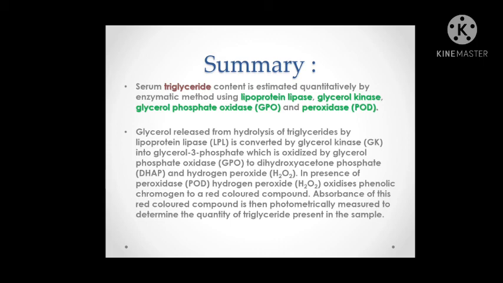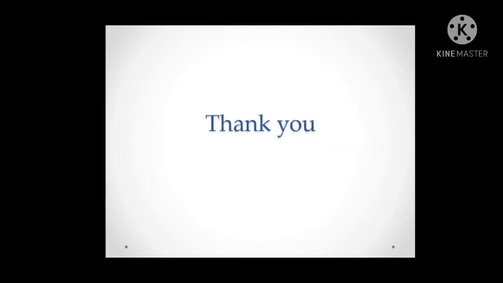Glycerol released from hydrolysis of triglycerides by lipoprotein lipase is converted by glycerol kinase into glycerol 3-phosphate, which is oxidized by glycerol phosphate oxidase to dihydroxyacetone phosphate and hydrogen peroxide. In presence of peroxidase, hydrogen peroxide oxidizes phenolic chromogen to a red colored compound. Absorbance of this red colored compound is then photometrically measured to determine the quantity of triglyceride present in the sample.